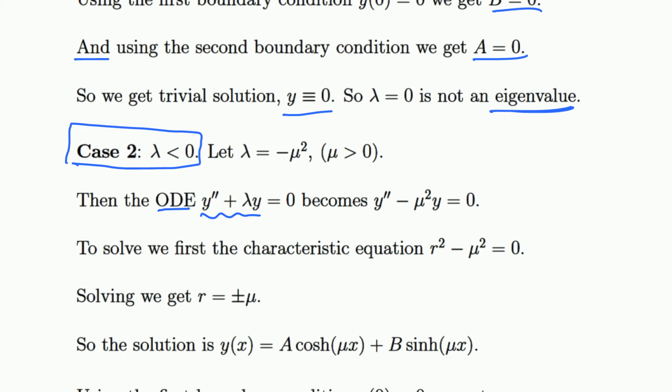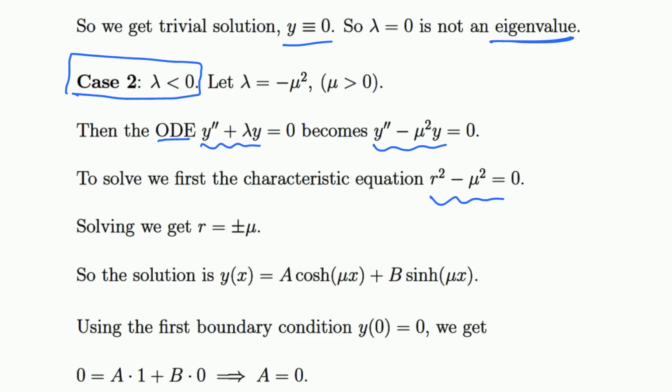Lambda is being replaced by negative mu squared, and this is a second order homogeneous linear differential equation. To solve, we find the characteristic equation r squared minus mu squared equals 0, and solving for r, we get r equals plus or minus mu.